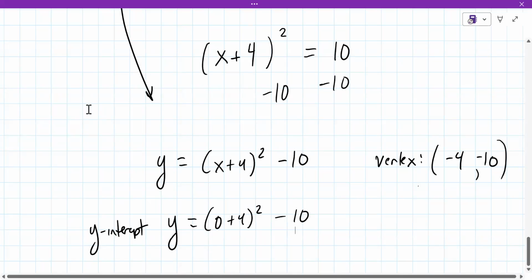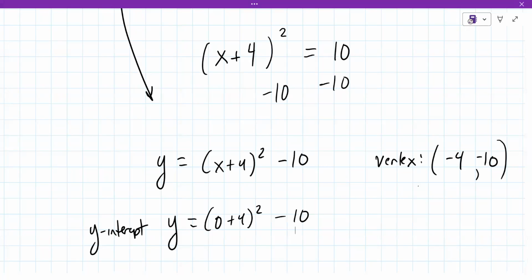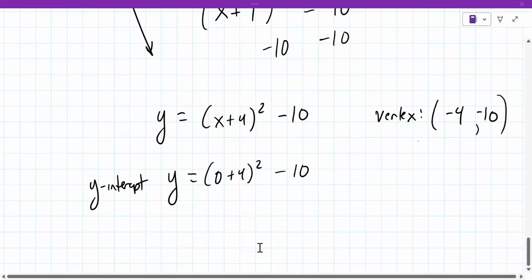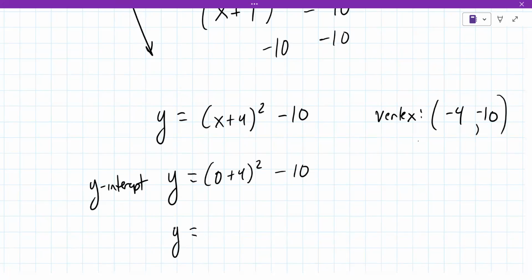Then it's 16 minus 10, or y equals 16 minus 10. So what's the final result? Y equals 6. You got it. Good.